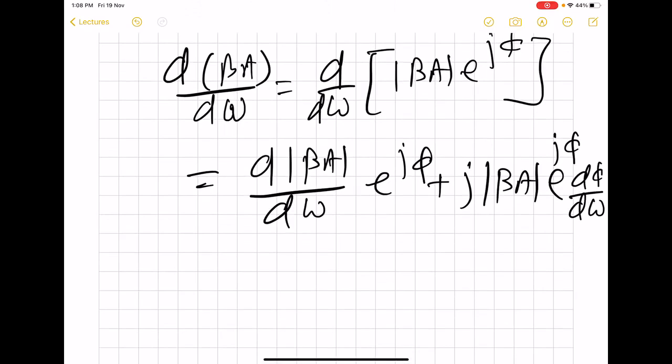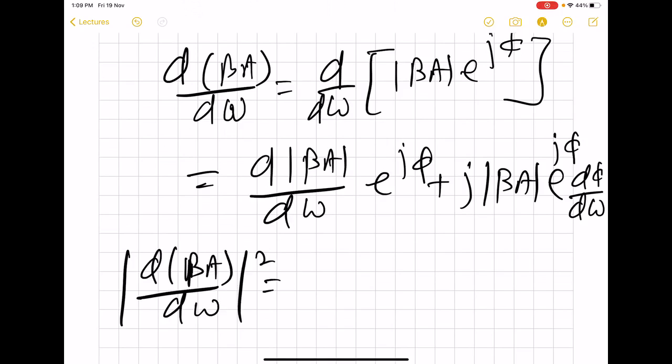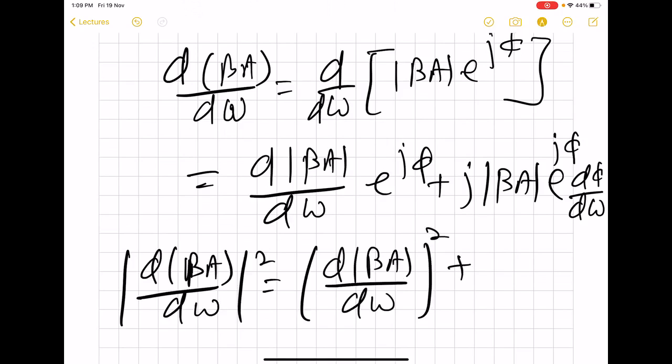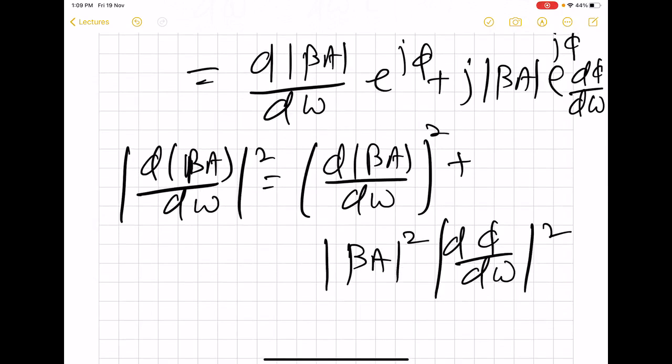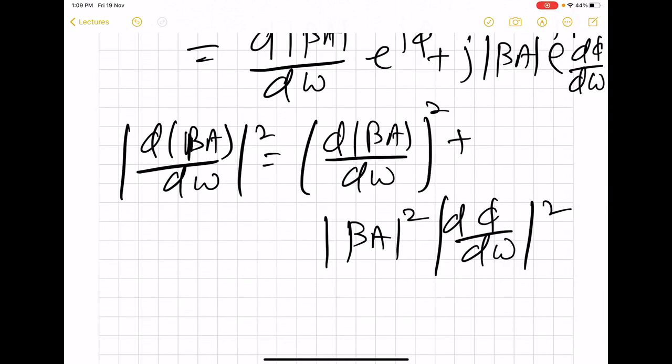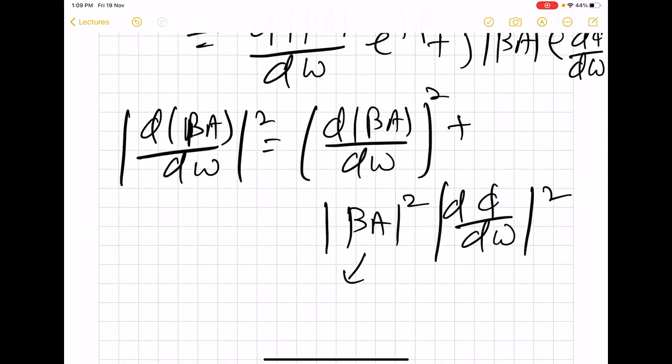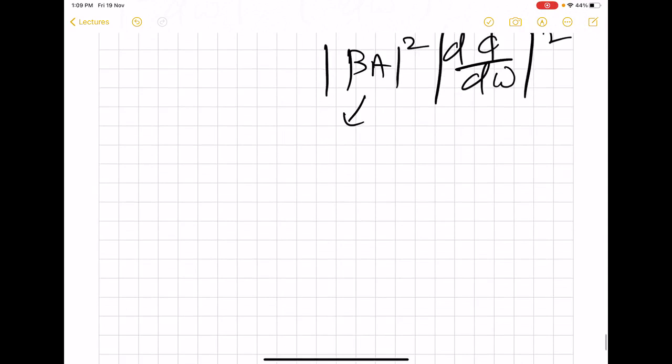So when we try to find the square of this, or the magnitude of this, this will give rise to... so here we see that this term is equal to 1 at the oscillation, and this beta A is going to be high.